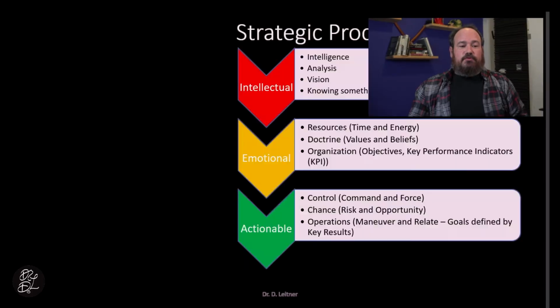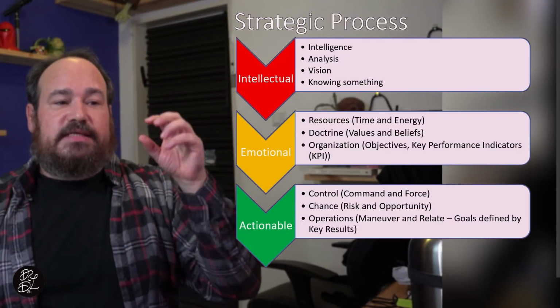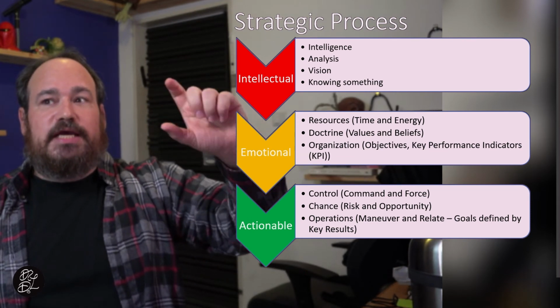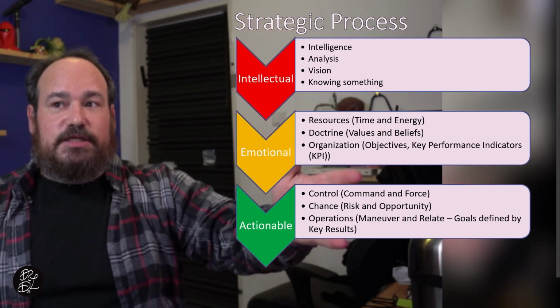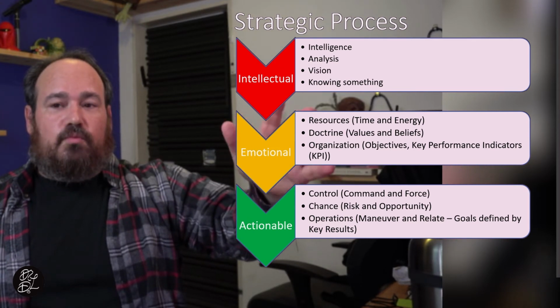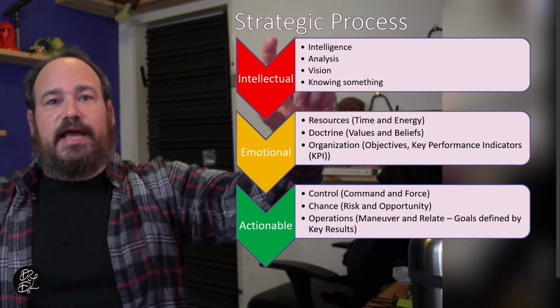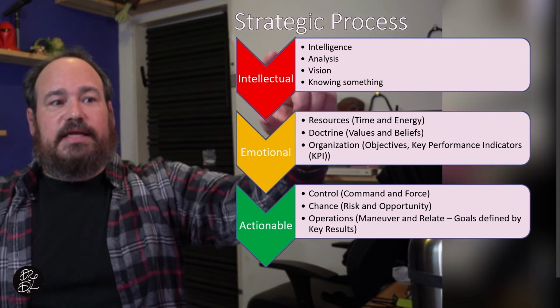Now, why is all this important? Because as we move forward, we need to try and engage each of these different stages of the process. Intellectually, what is it that I have to do? What is it that I need to get done?